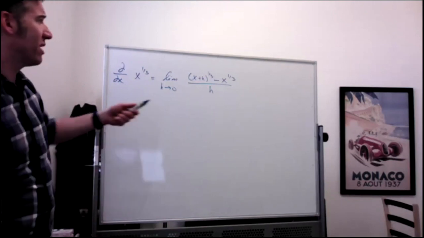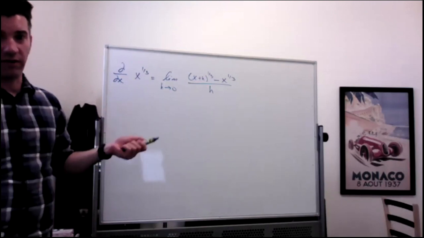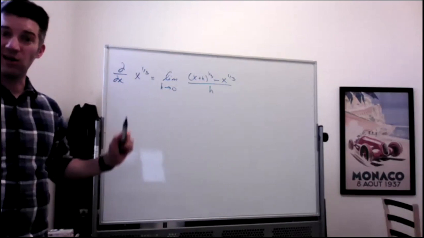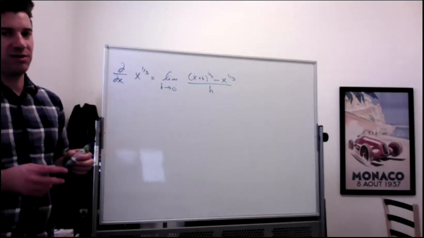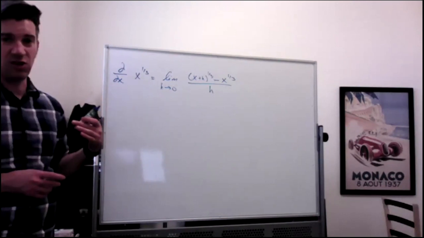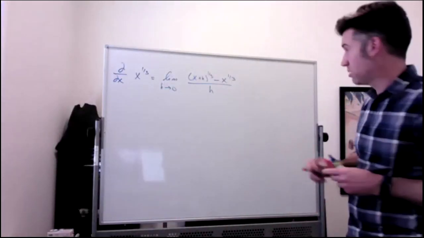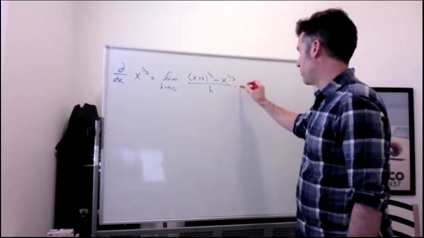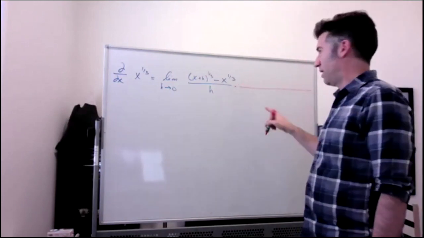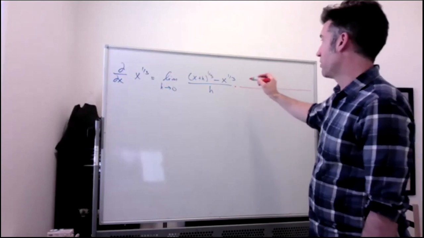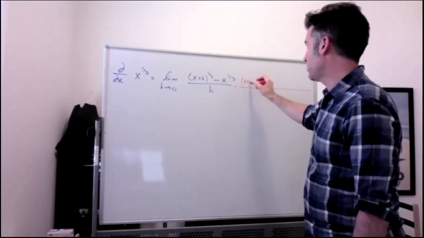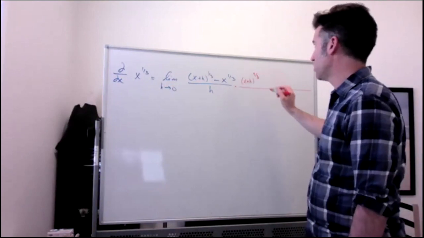If it was the square root of x plus h minus the square root of x all over h, we would multiply the top and bottom by the conjugate. Well, there's something kind of like that for a difference of cube roots. Here it is. It's not pretty. We're going to multiply by the following thing. We're going to multiply by x plus h to the 2/3.